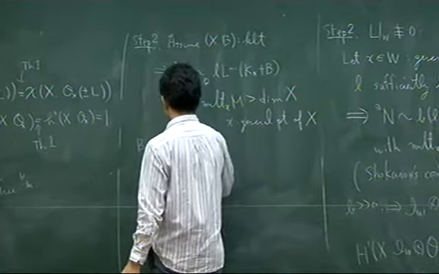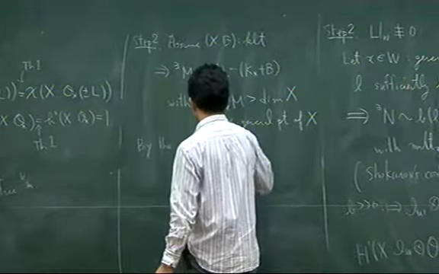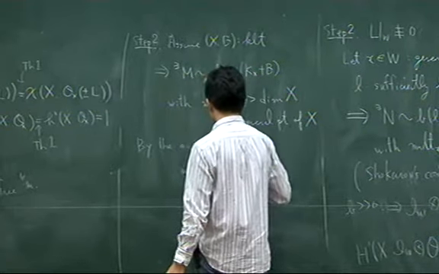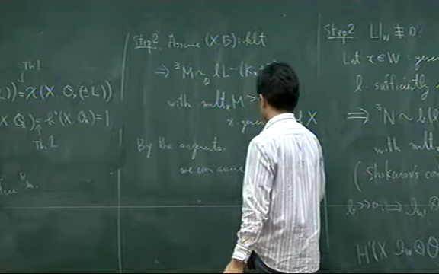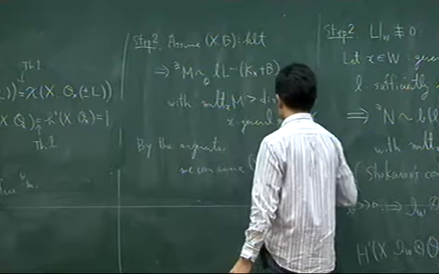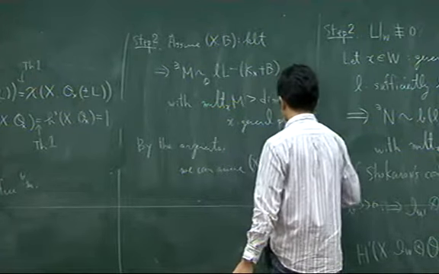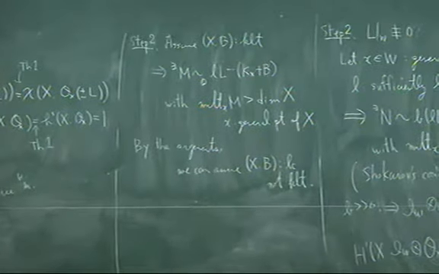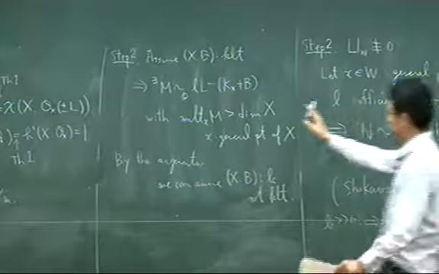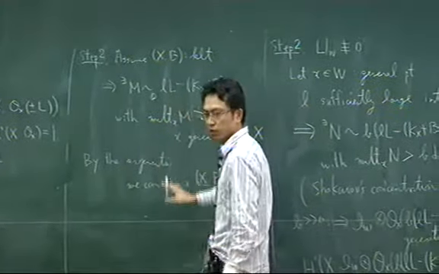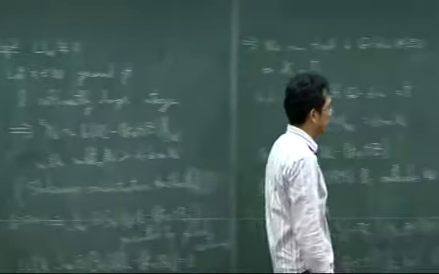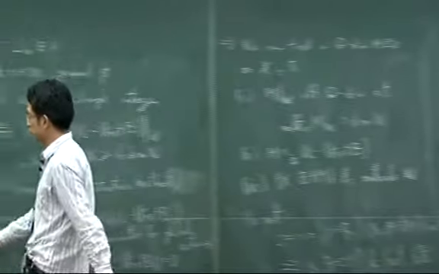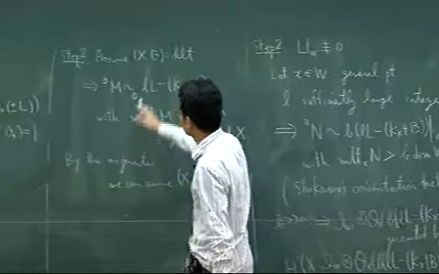By the Seeger arguments, we can assume that this pair is log canonical, not KLT, by replacing B with B plus the log canonical threshold c times M, that is, replacing A with A minus cA plus cL. So we can assume (X, B) is log canonical.